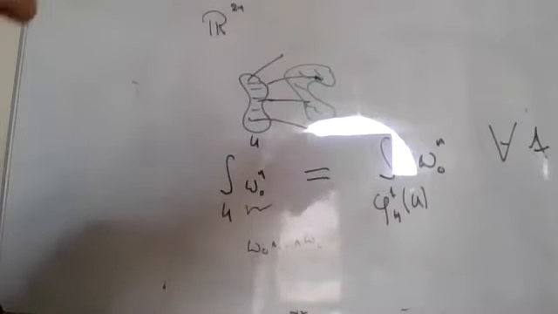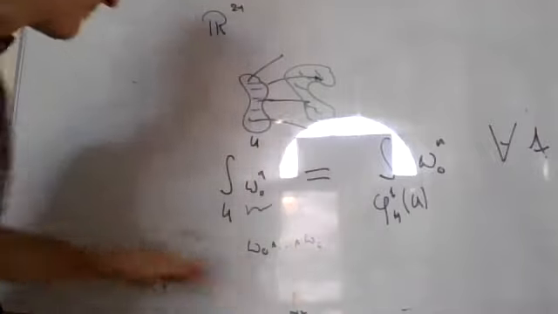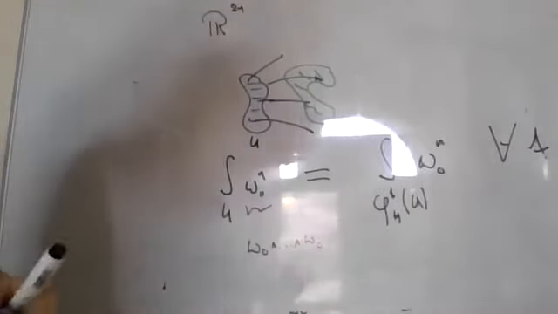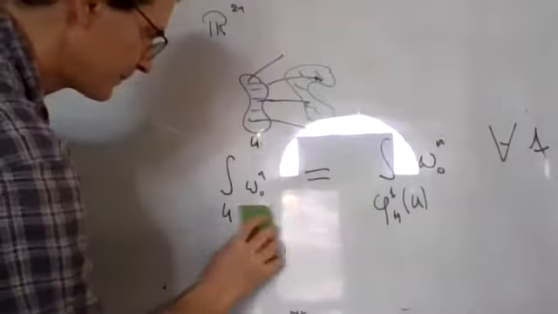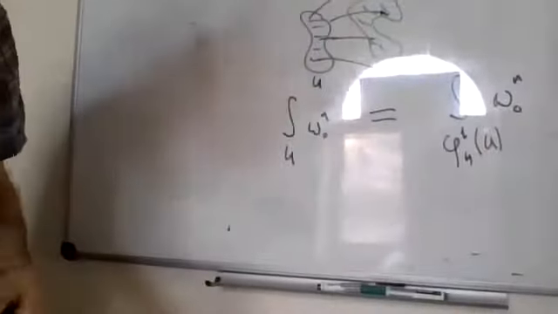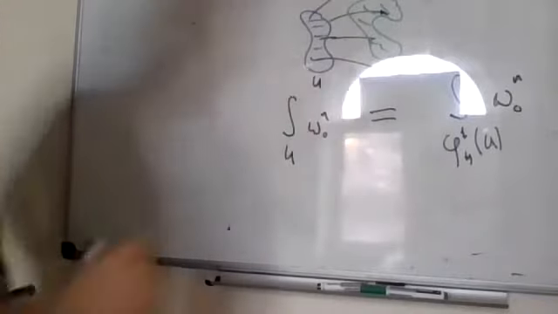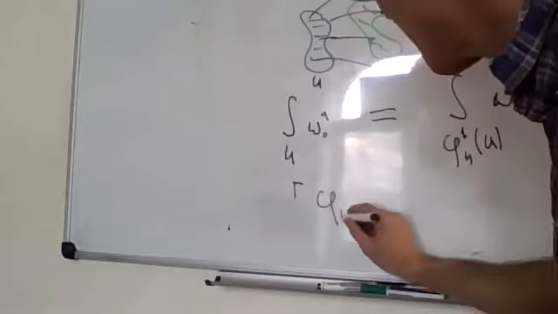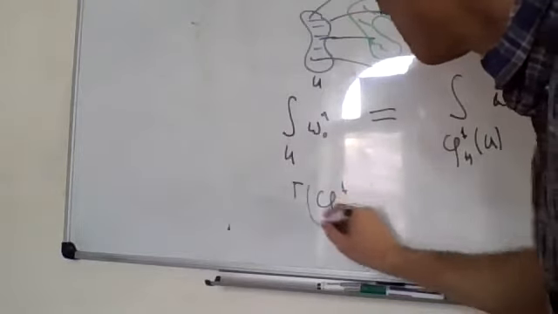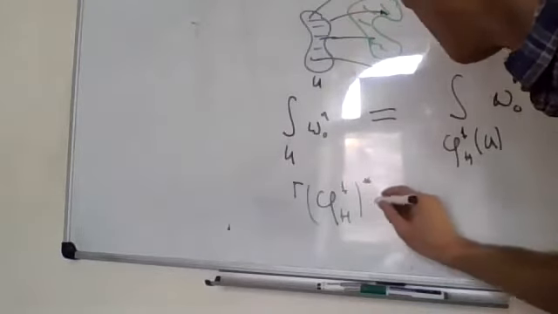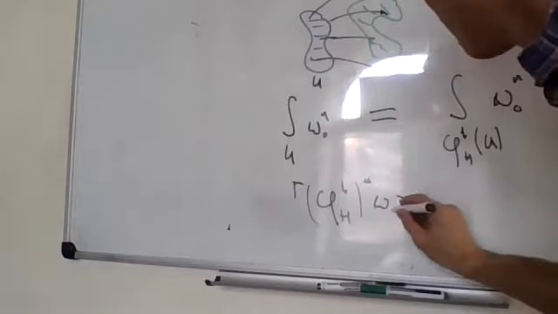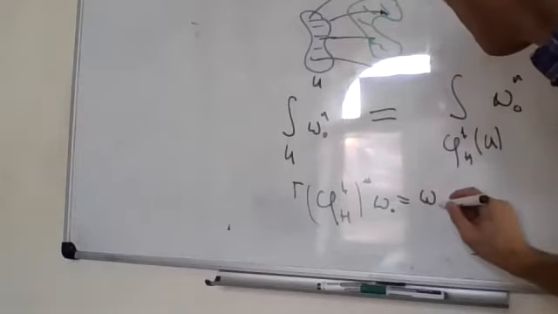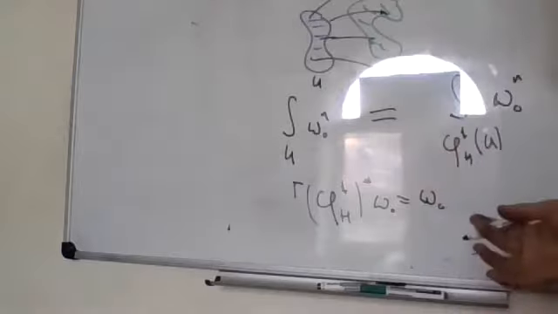So the proof is extremely easy. Well, it's one line. We proved that the pullback of omega under phi_t^H is omega, because it's symplectic, right?